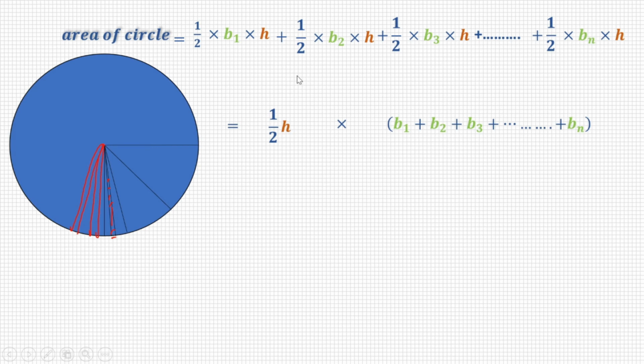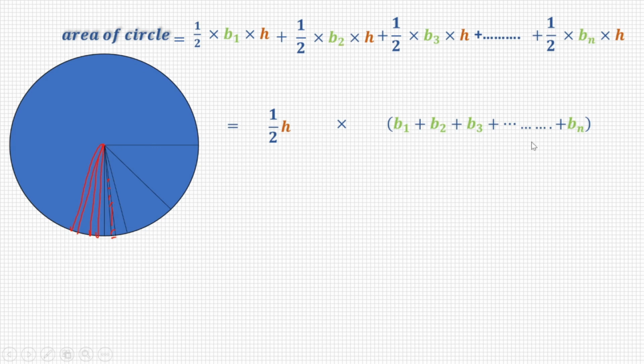Just like if 10 is taken 15 times and 10 is again taken 5 times, we can say 10 is taken 20 times. Somebody gives you 7 chocolates 2 times and then 7 chocolates again 3 times, then you can say 7 chocolates 5 times. In the same way, half H is B1 times, half H is B2 times, and so on.